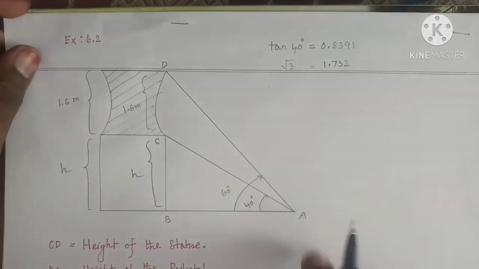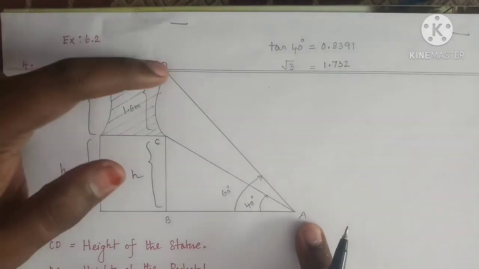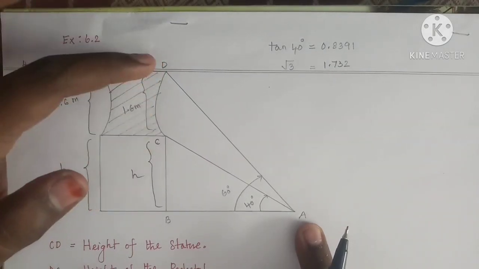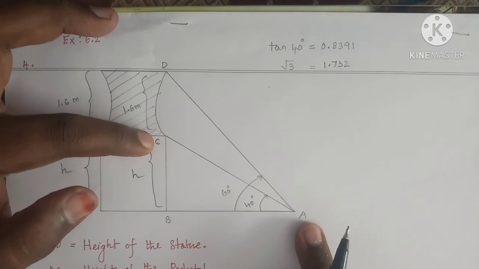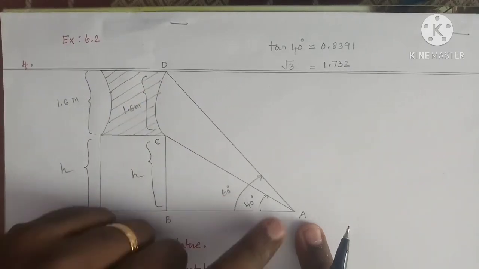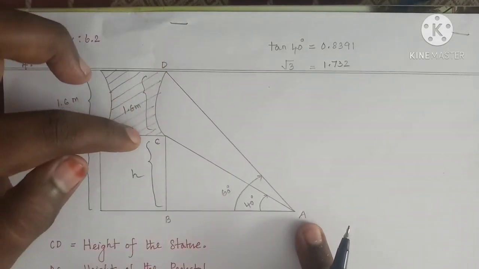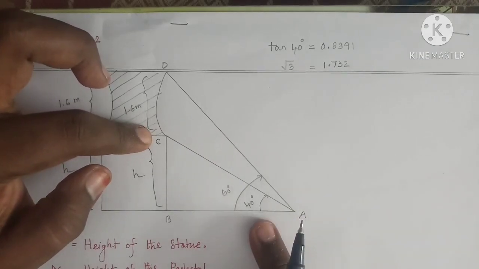An observer is standing here. He observes the top and bottom of the statue. Listen carefully. The angle of elevation of the top of the statue is 60 degrees, and the angle of elevation of the bottom of the statue is 40 degrees.